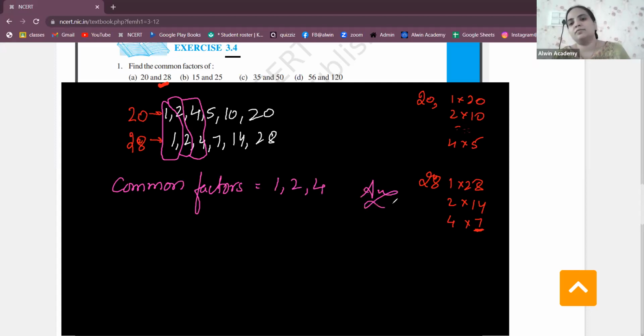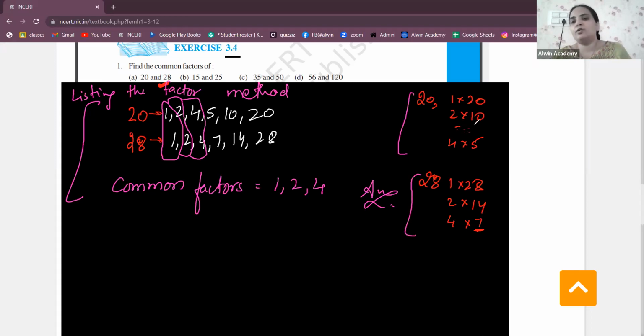That's the answer. This is what we call the listing the factor method, beta. Got it, beta ji, or not? And we have already practiced this a lot, how to know that we are done finding all the factors. Right? Got it, bache, or not?